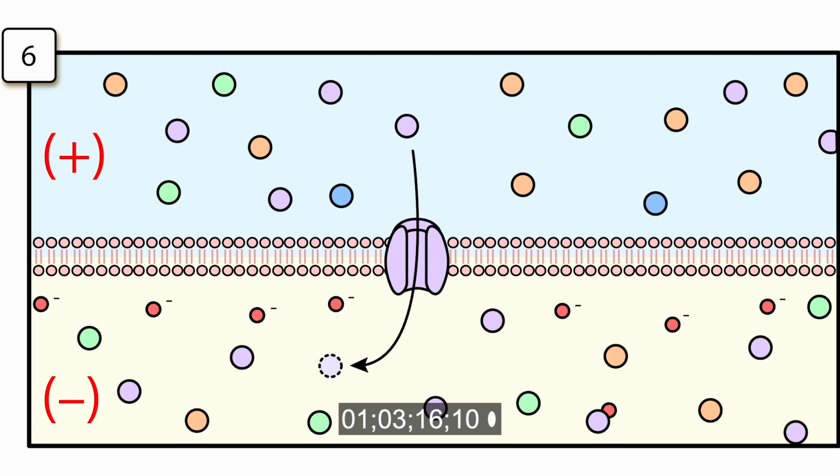And so potassium ions will be flowing out of the cell, and a very limited number will be returning through the channel back into the cell. Notice that this part of this slide is depicting the electrical force or the electrical gradient.